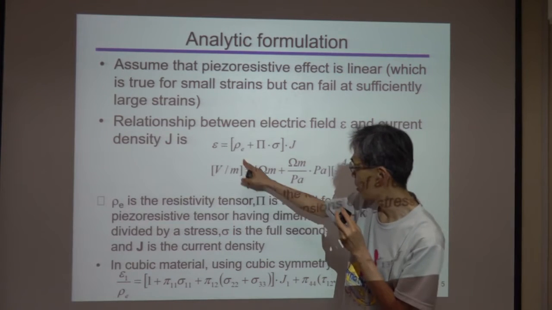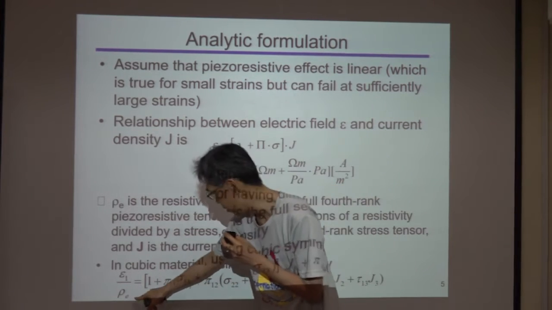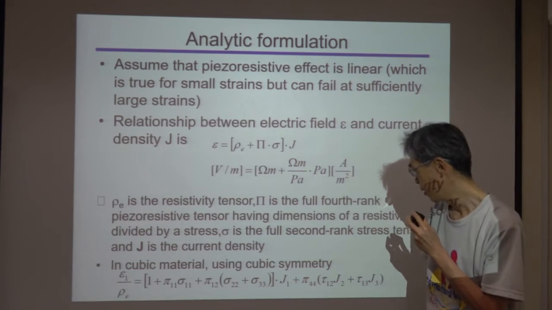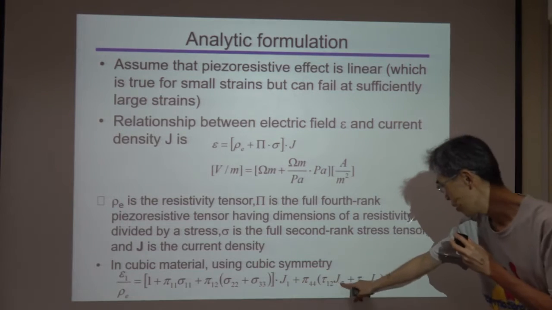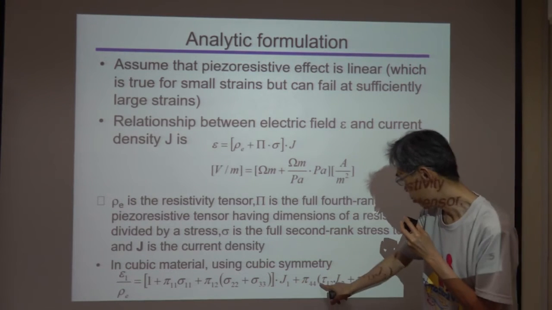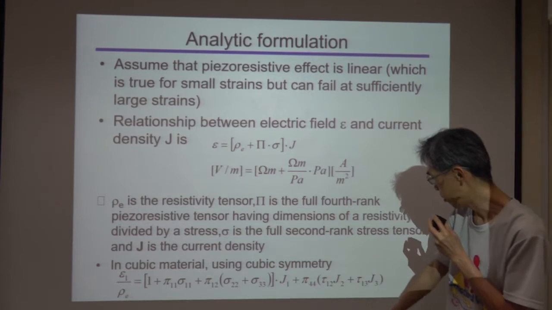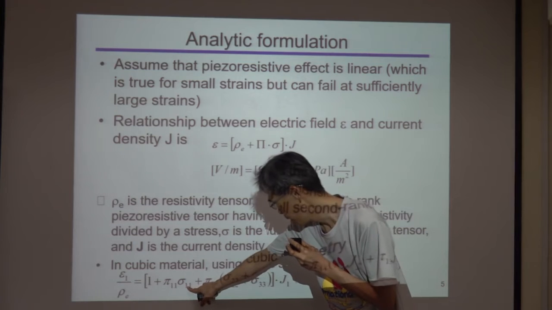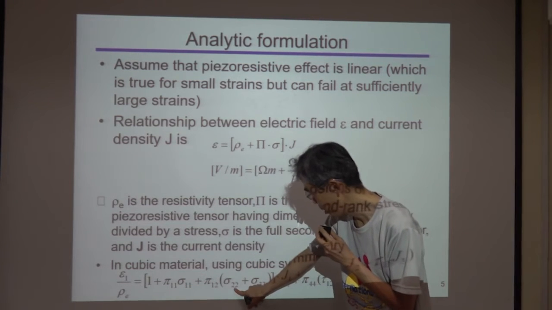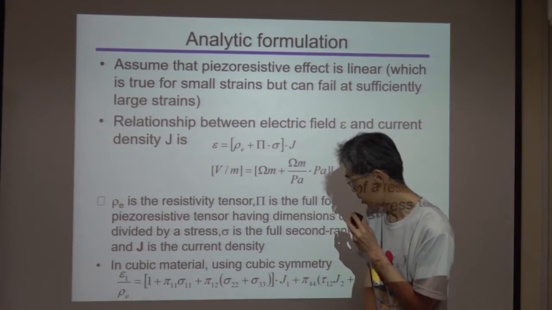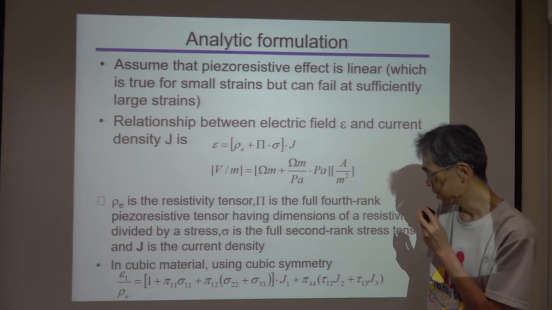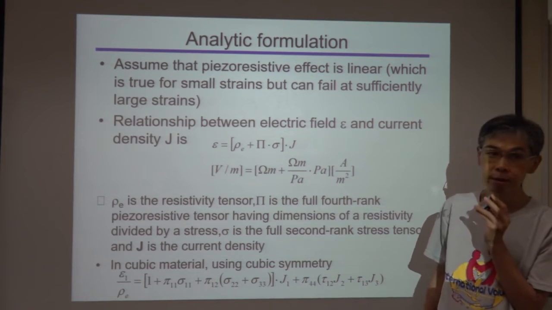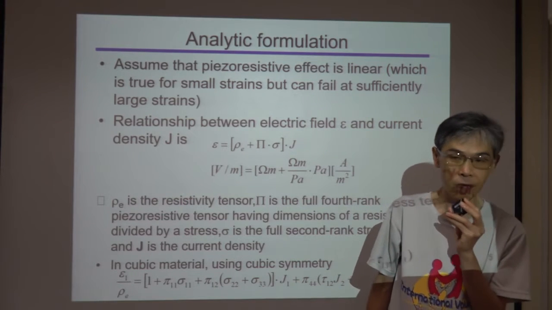We move the resistivity to the left-hand side. The right-hand side can be simplified to this one. J1, J2, J3. This one is shear stress in 1, 2 direction, shear stress in 1, 3 direction. Normal stress in 1, 1 direction, sigma 1, 1. Normal stress in 2, 2 direction. Normal stress in 3, 3 direction. And pi 1, 1, pi 1, 2, pi 1, 4 are piezoresistive coefficients.